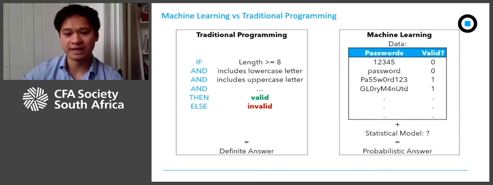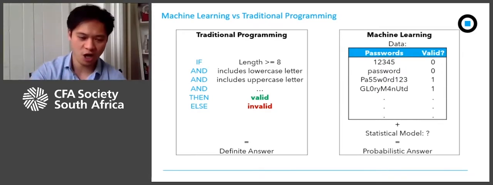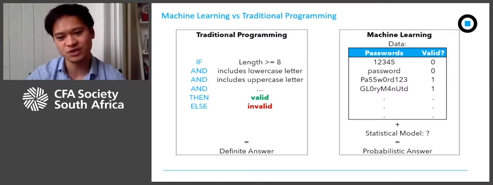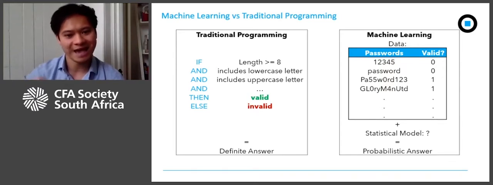Instead of a list of preset rules, machine learning uses data to determine the rules. So in this illustration, we have labeled data, that's examples of passwords, and whether they're valid or not. So the first one, 1, 2, 3, 4, 5, that is not valid because it's not the right length and it doesn't include an uppercase or lowercase letter.